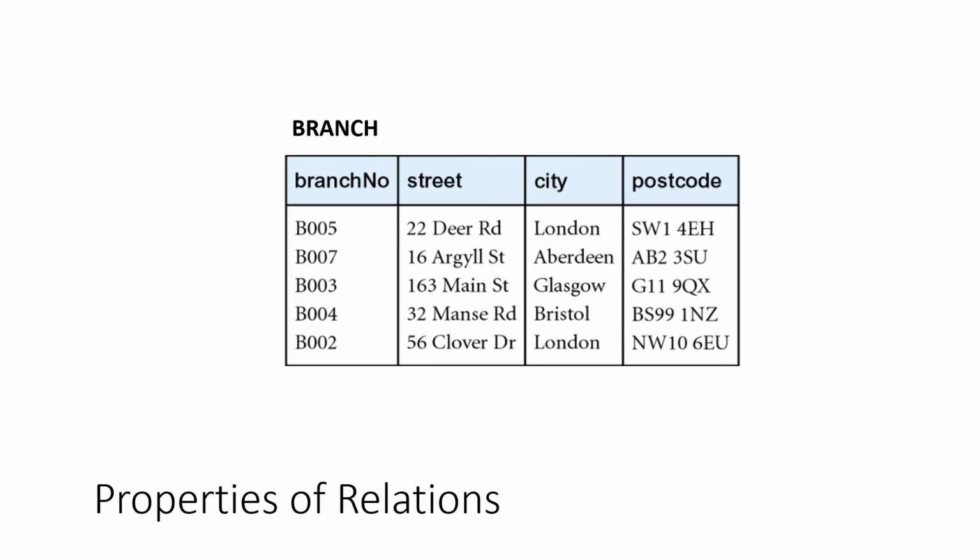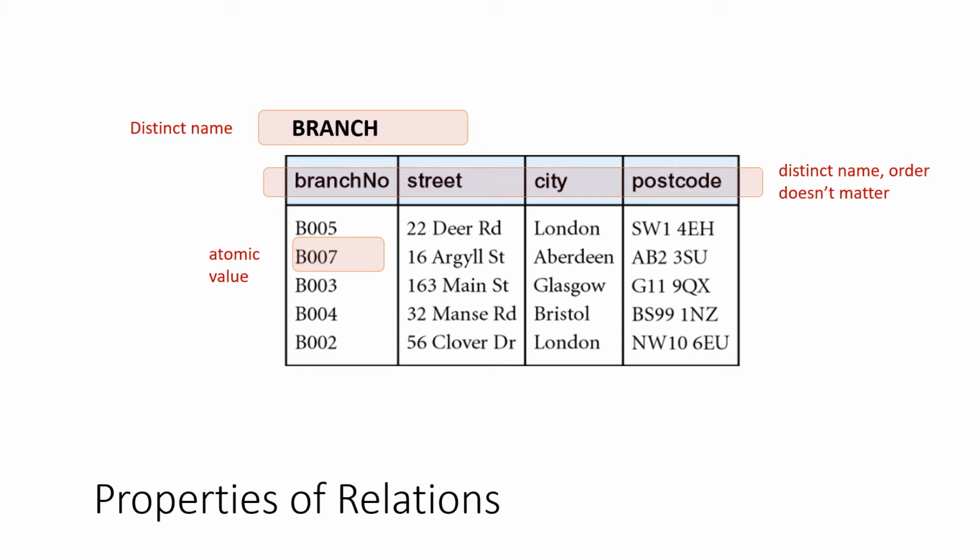So, for example, from this table, we do have a distinct name of the relation. And then every single value is atomic. We do have distinct names of attributes, and the order doesn't matter.